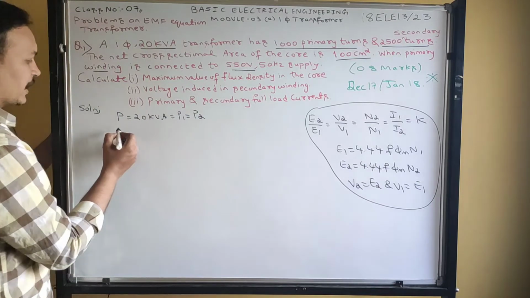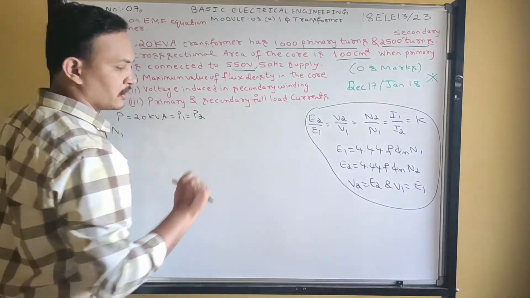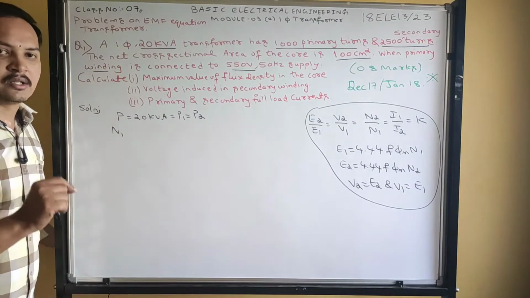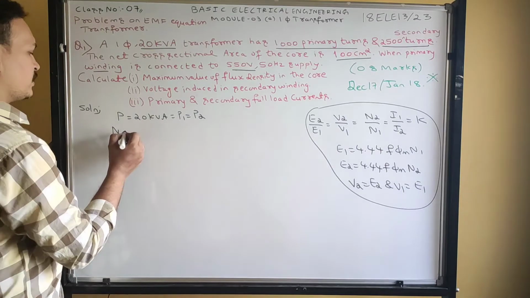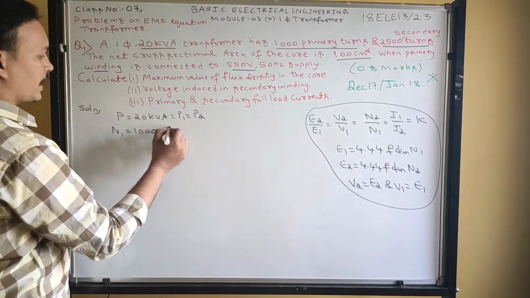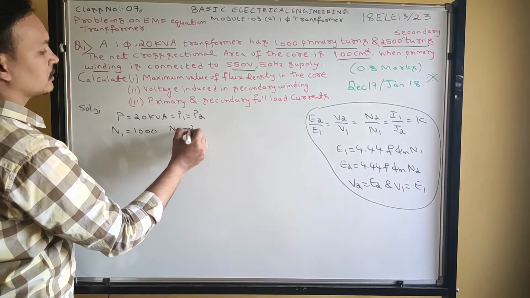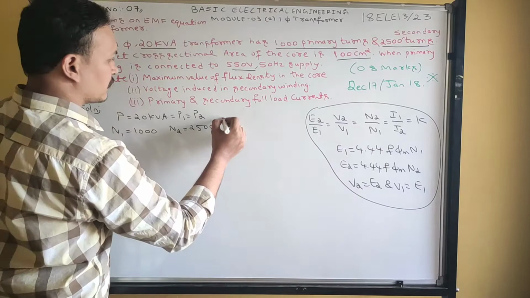Other data given: primary turns. I am using suffix 1 for primary parameters and suffix 2 for secondary parameters. Primary turns given is 1000, and secondary turns given is 2500.